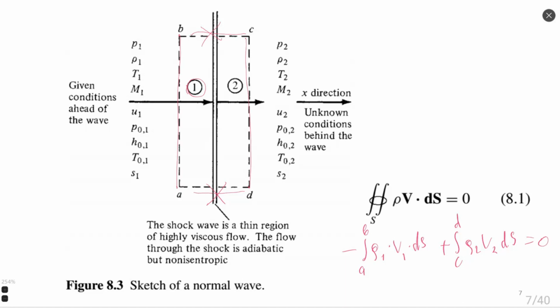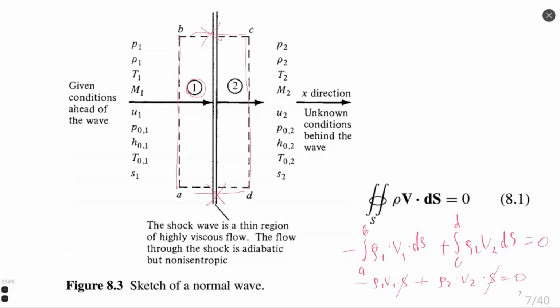So we can rewrite this integral in a very simple way. It will be density 1, velocity 1 multiplied by area with the sign minus, plus density 2, velocity 2 multiplied by area, equal to 0.